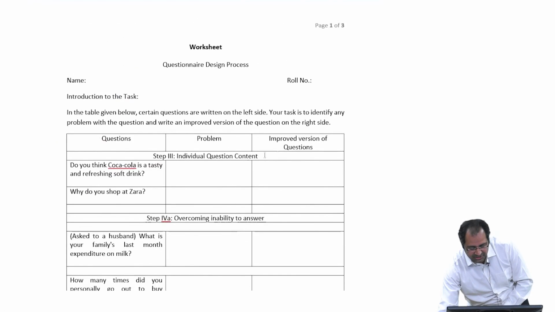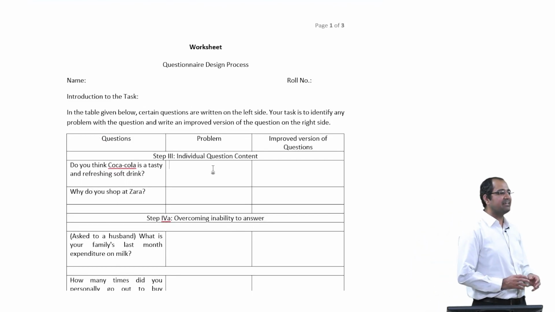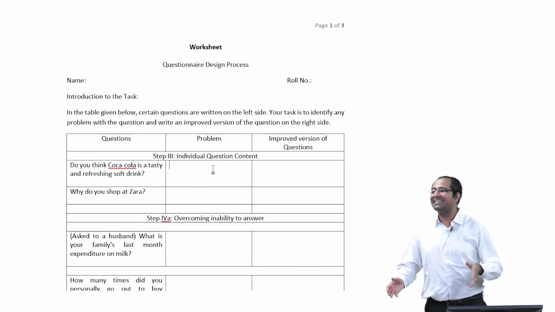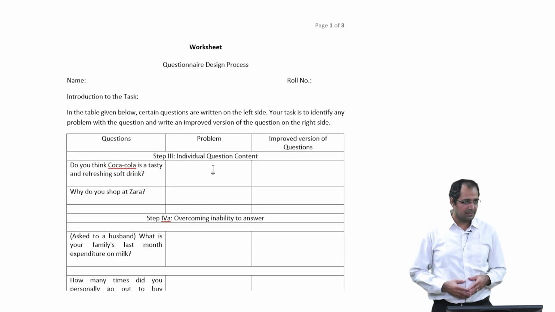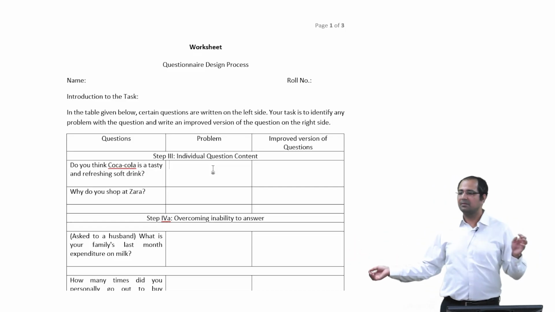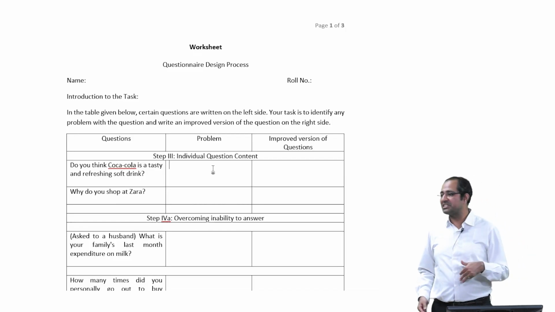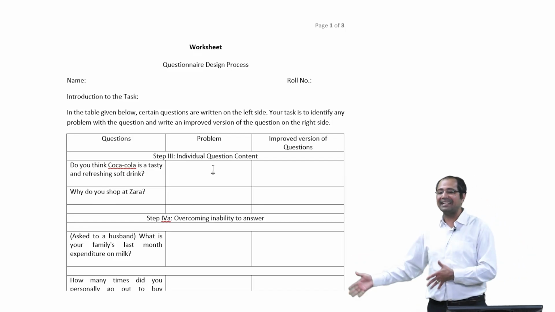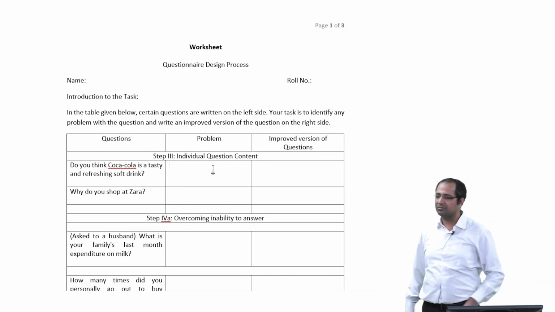You have a worksheet like this, where step number 3 is written, and we will identify how to determine the content of individual questions in the survey. One is the multi-item scales, that is fine, but there also we can improve those wordings, and for the other questions, other than the multi-item scales, all these steps are valid. For multi-item scales also these steps are valid.